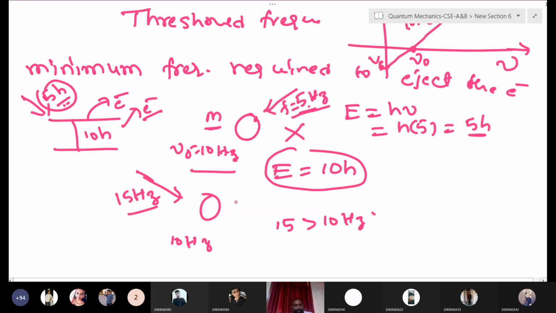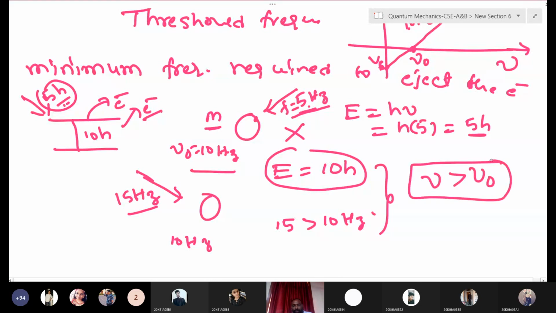That is what you can conclude: the incident photon energy or frequency must always be higher than the threshold frequency; only then is the photoelectric effect possible. If the incident photon frequency is lower than the threshold frequency, the photoelectric effect is not possible, because that photon has too little energy to eject the electron from the metal surface. Is this clear now?